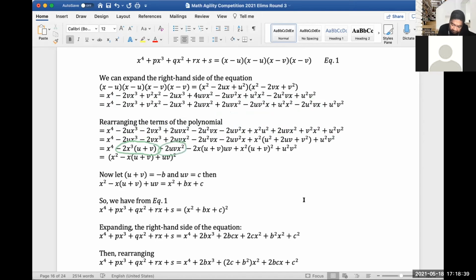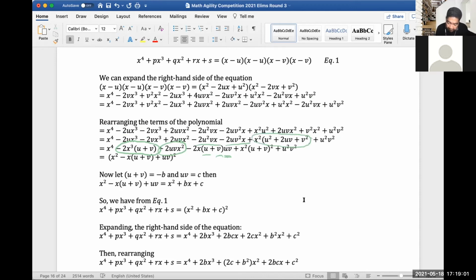While on this part, I was able to factor out 2x from these two terms here. So negative 2x, so what remains is uv and uv at the end. And then x squared. So on this part, I factored out x squared from the three terms.